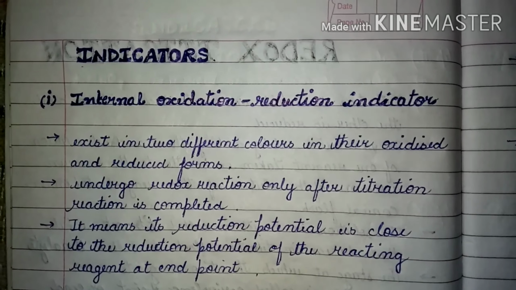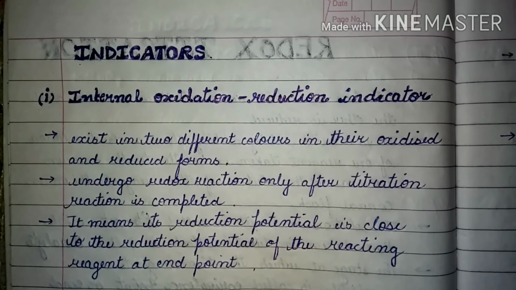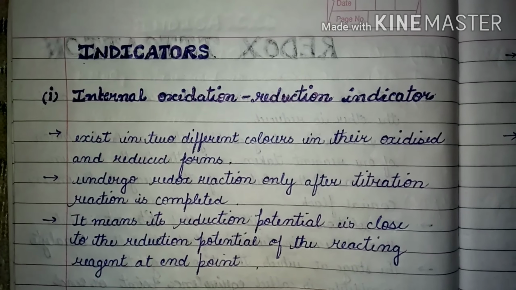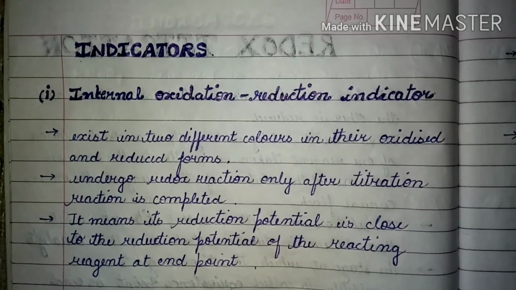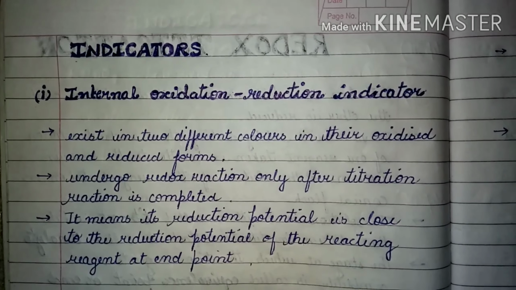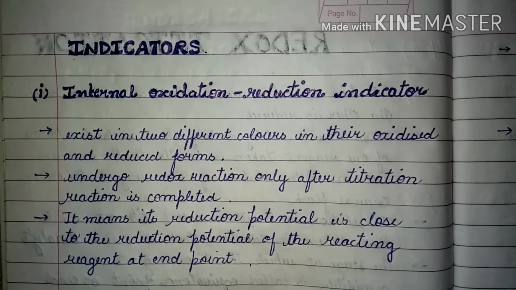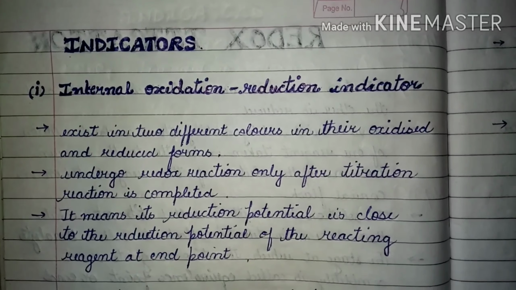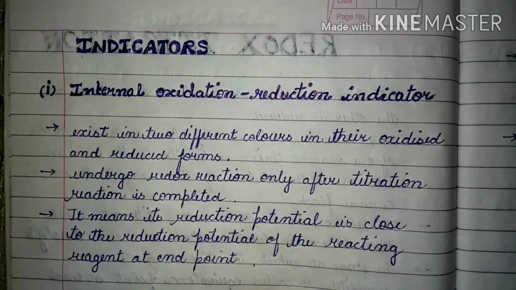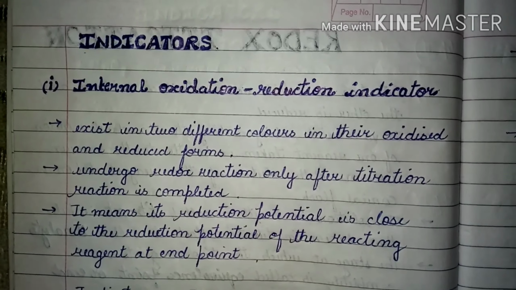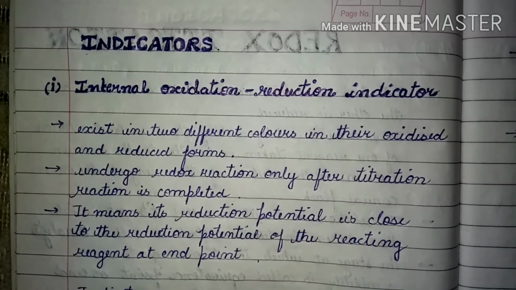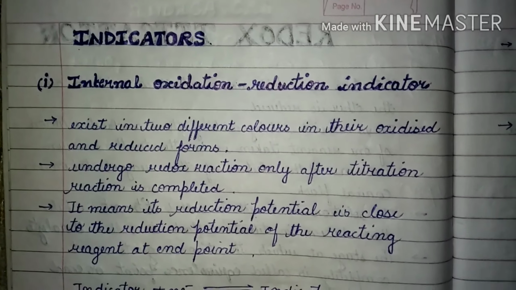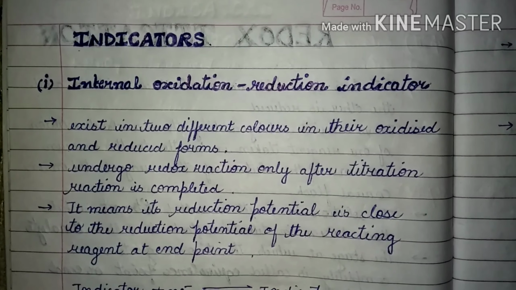The first indicator which we use in redox titration is the internal oxidation reduction indicator. This type of indicator has different colors in its oxidized form and its reduced form. They undergo a redox reaction themselves only after the titration reaction is complete.